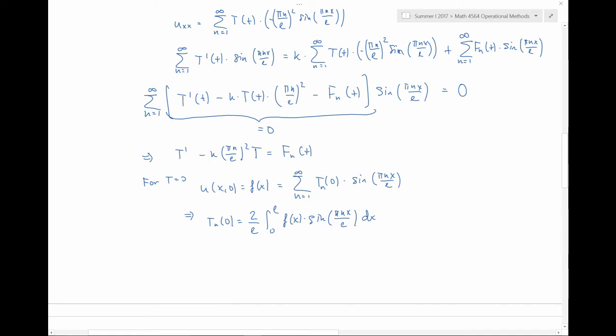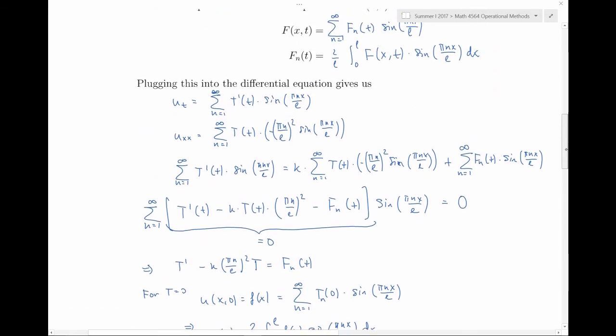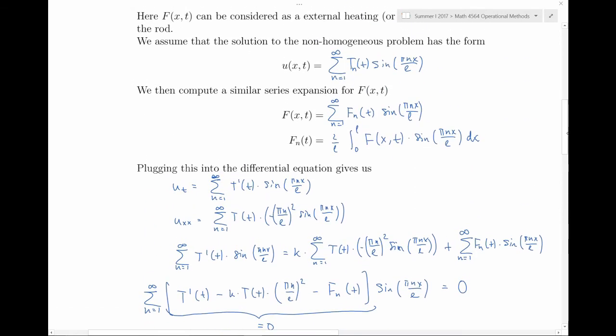Now you might be a little bit confused about all of the sums that we're doing. So let me repeat again what we're doing and why. First, this was just an assumption that the solution u of x, t has the series expansion. We knew this was the case in the past, but there was no ground to assume that this is going to be true in the case of a non-homogeneous equation.